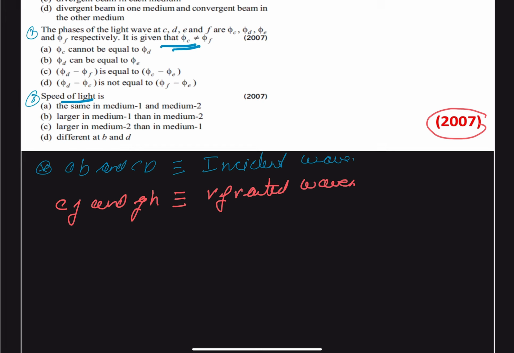If we think about the basic definition, wavefronts are surfaces of constant phase.